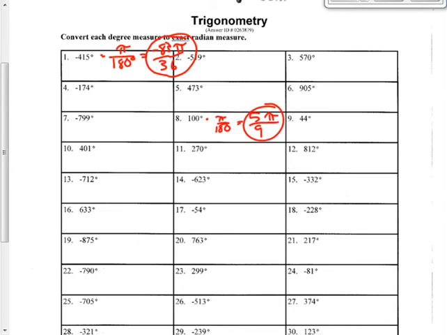If you want to do one that you're going to be able to check on your unit circle, you can check this one, 270. So 270 divided by 180 gets us 3 pi over 2. So you can check that one on your unit circle, make sure that you're getting these correct.